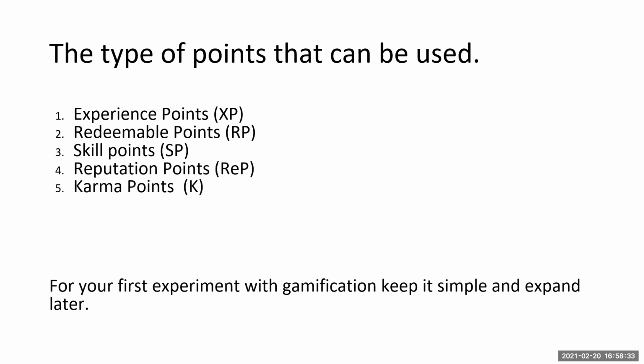In this skill set, you're doing this. But I just combine them all to keep them simple in experience points. Reputation points are how good you are. And karma points are really interesting because these are points that only exist for a student to give them to someone else.